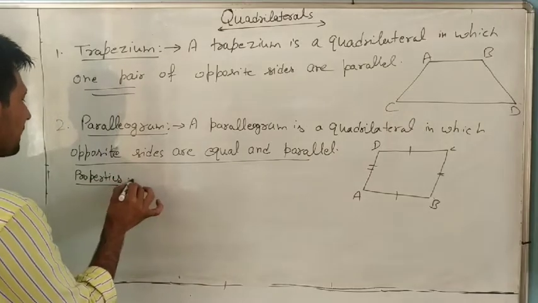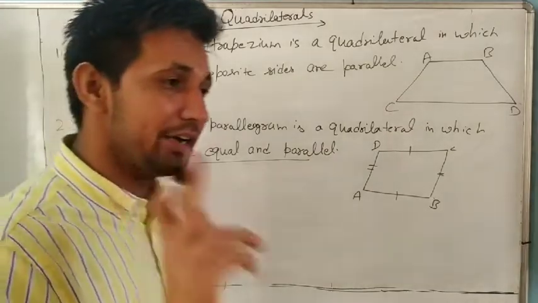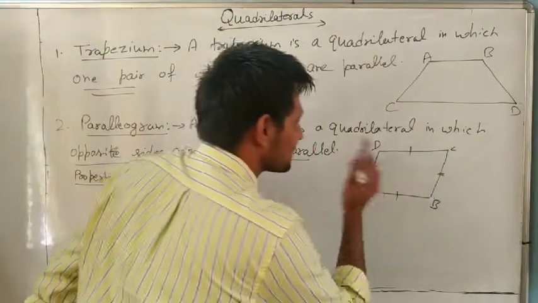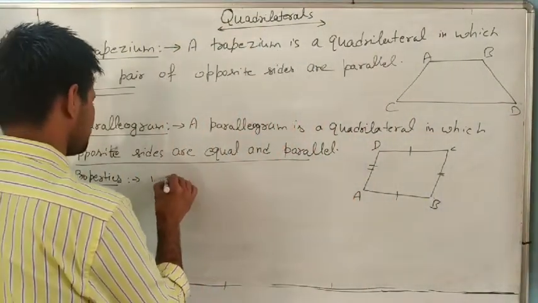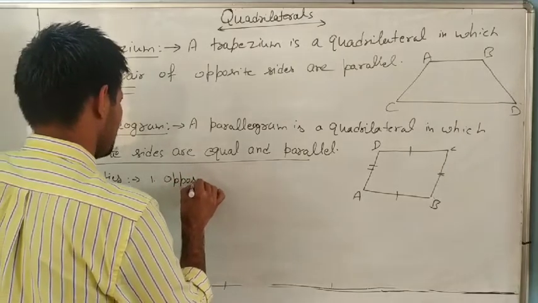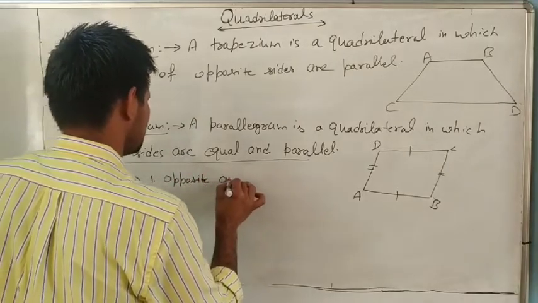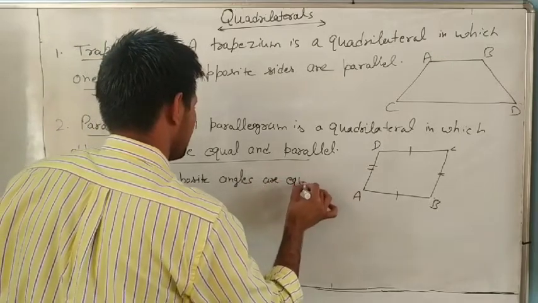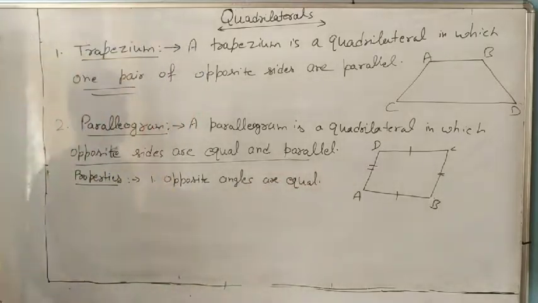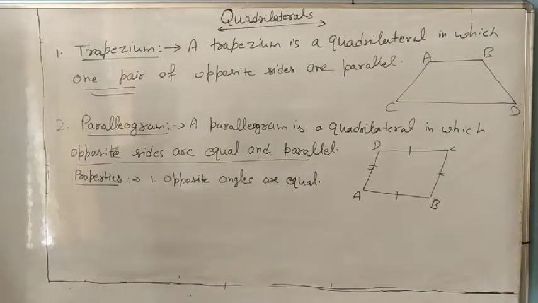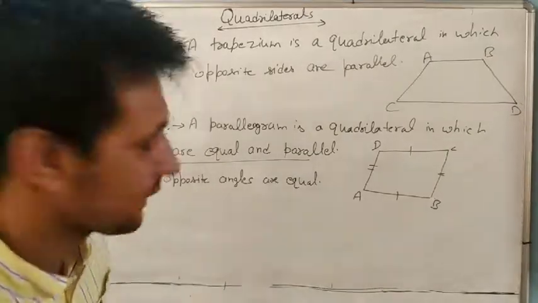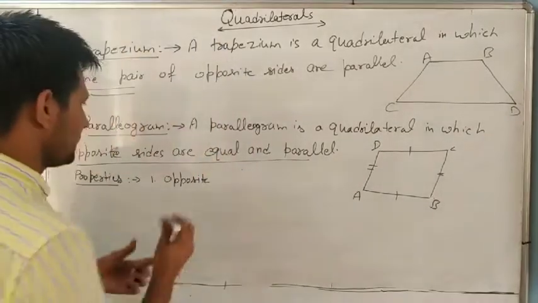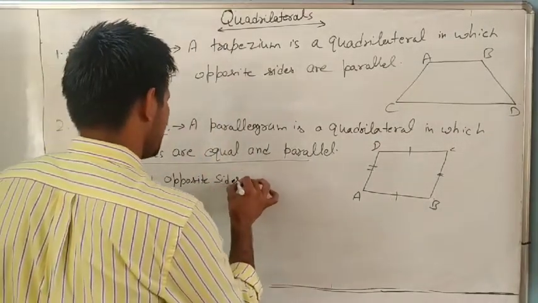Properties of a parallelogram. In 8th class, we already discussed these properties. What is the property? Opposite angles are equal. Otherwise, opposite sides are equal.